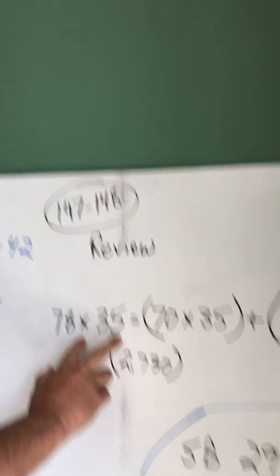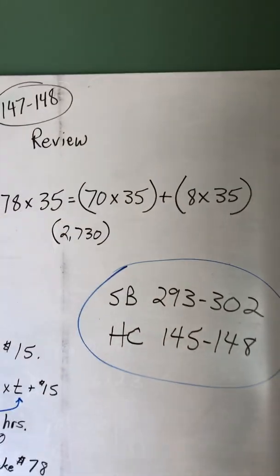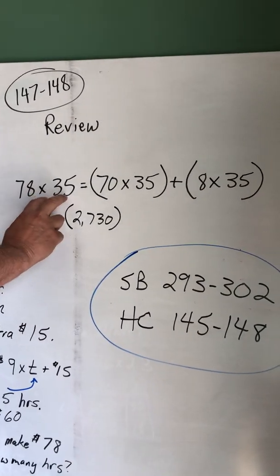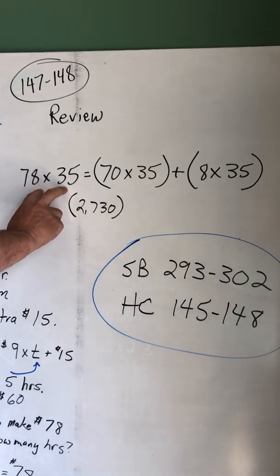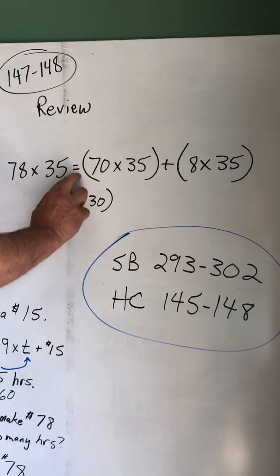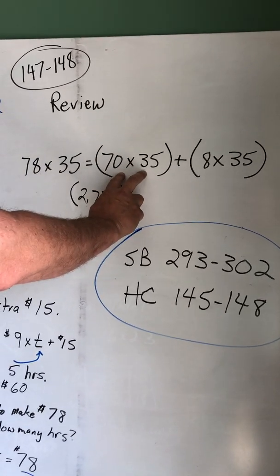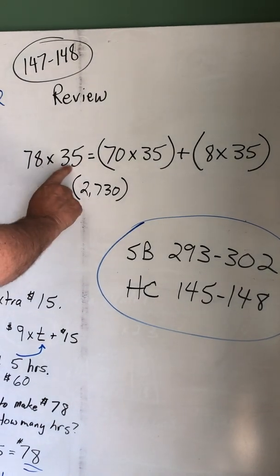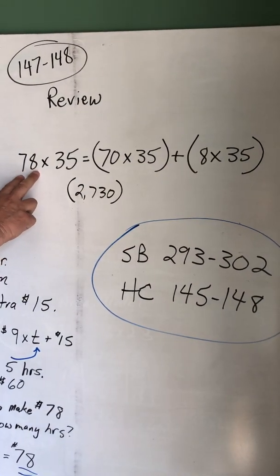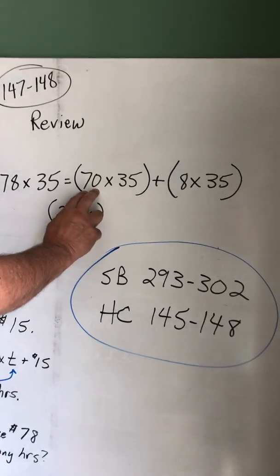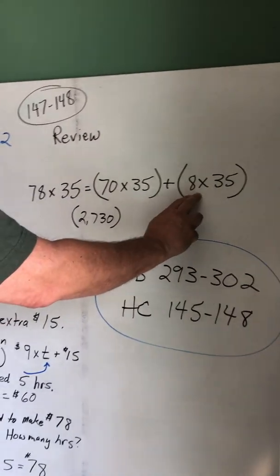Just remember that distributive property again. 78 times 35 equals, which means it's the same as 70. So we took this apart. We left the 35. We split 78 into 70 and 8.